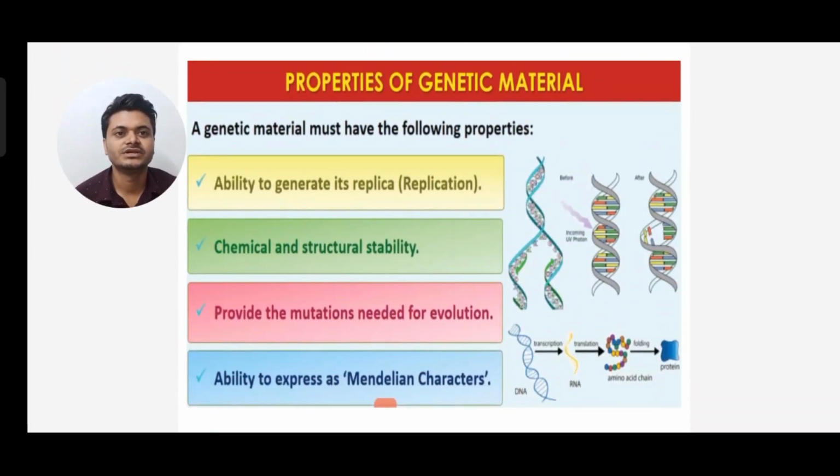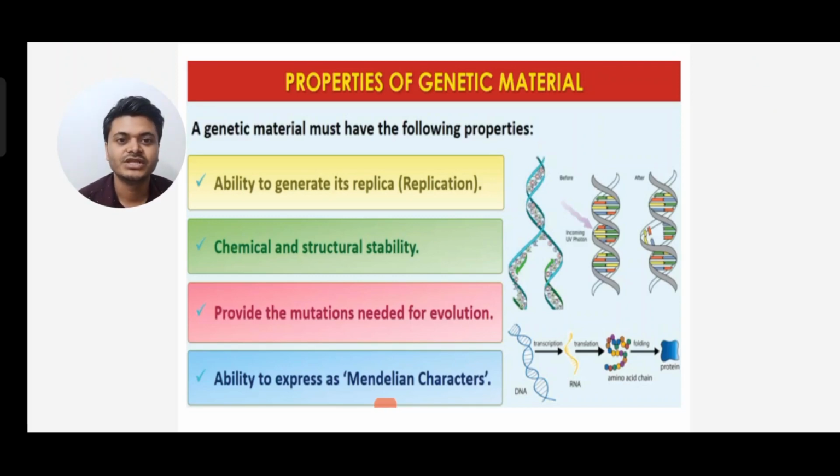So we could see some properties of genetic material. A genetic material must have the following properties. First, it should have the ability to generate its replica, that means replication should be there. Second, it should be chemically and structurally stable. Third, it should provide mutations needed for evolution.